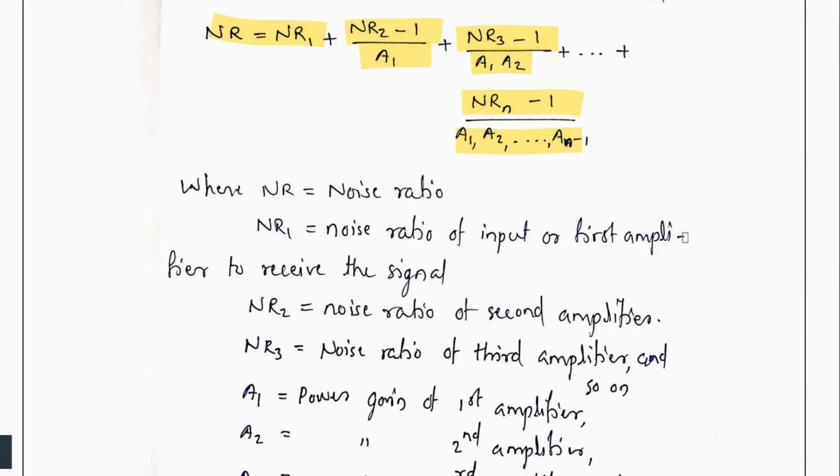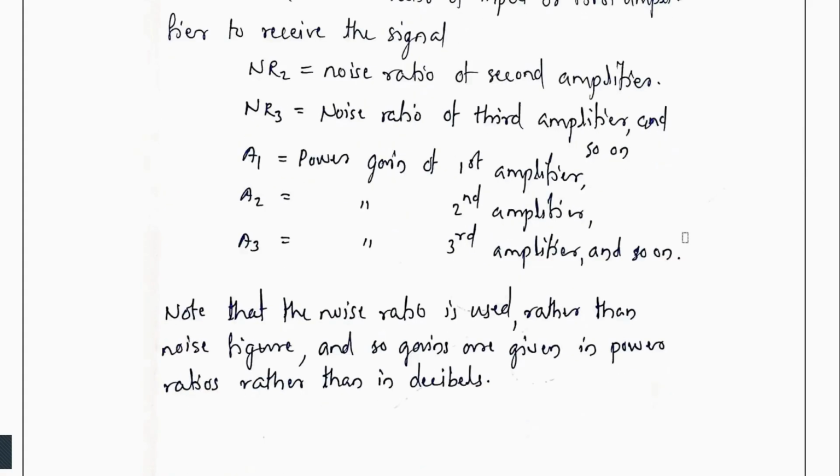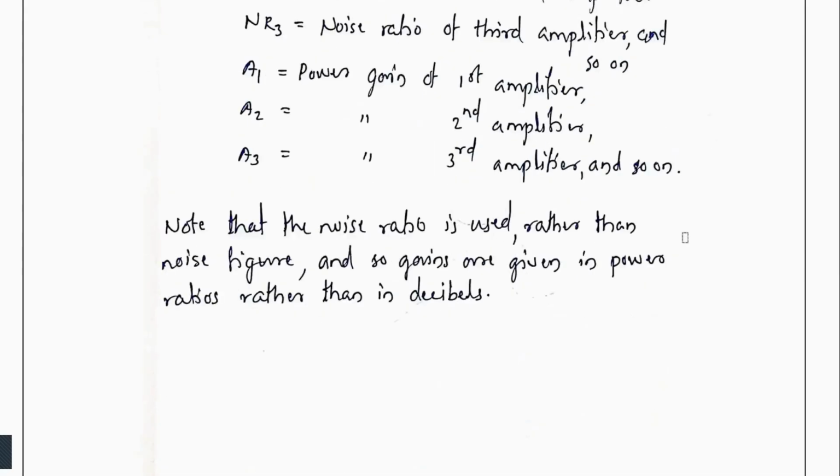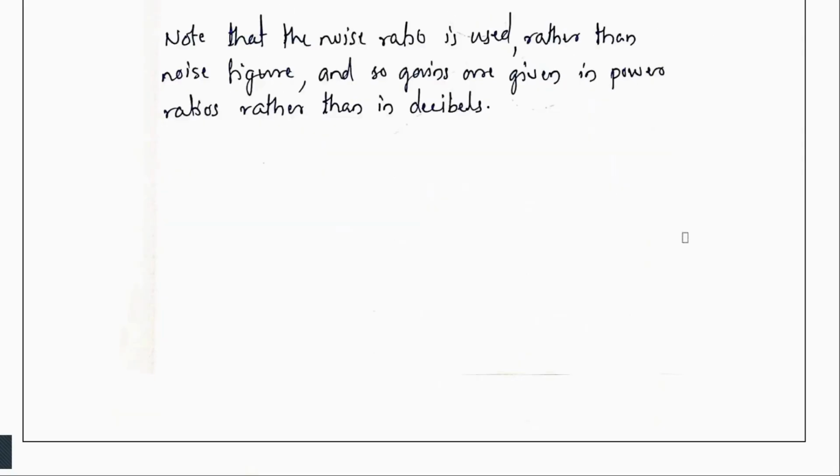Next, NR2 is the noise ratio of the second amplifier. NR3 is the noise ratio of the third amplifier, and so on. A1, A2 and A3 are all the power gains of those amplifiers: the first amplifier, second amplifier, and third amplifier. This is what is shown in that diagram. Note that the noise ratio is used rather than the noise figure, and gains are given in power ratios rather than in decibels.